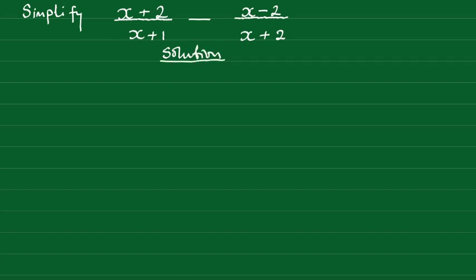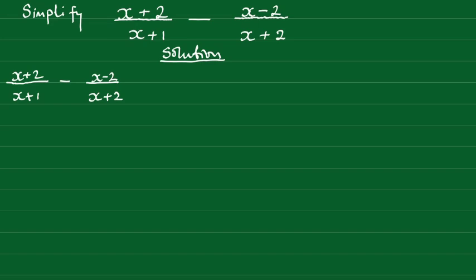Thereafter, I'll copy out our expression. We have (x + 2)/(x + 1) minus (x - 2)/(x + 2). Now, our denominators are x + 1 and x + 2.